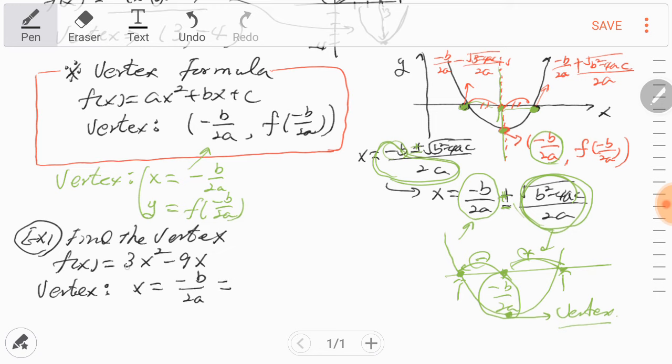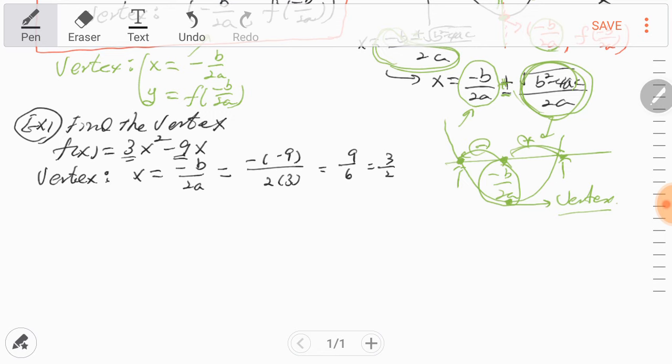In this case, a is 3, b is negative 9. So negative negative 9 over 2a is equal to 9 over 6, which is 3 over 2. So the x-coordinate of the vertex is 3 over 2.